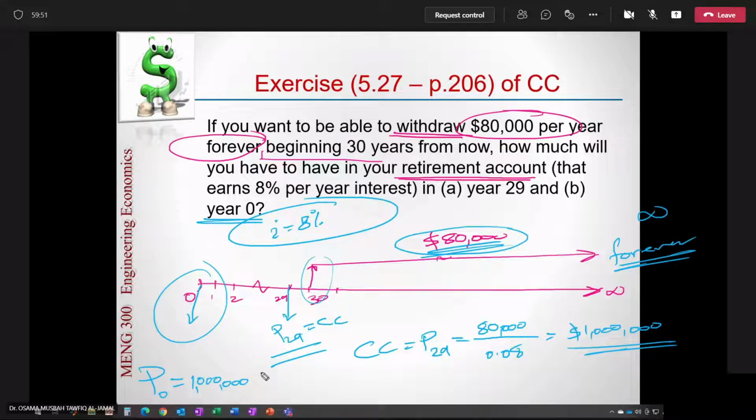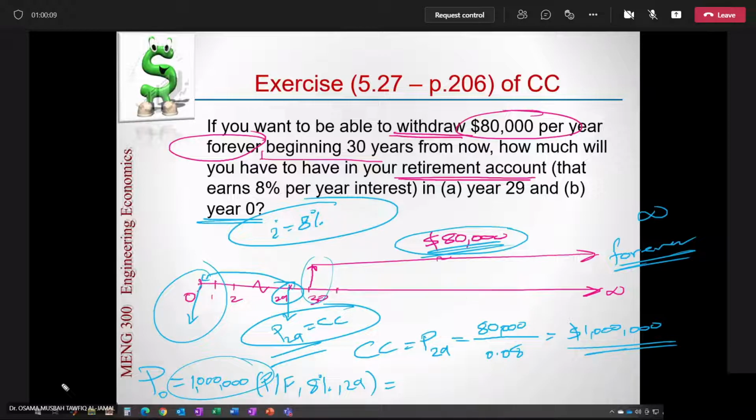You know this, of course. P giving F, this is a future value now. 8% for how long? From year 29 up to year 0, i.e., 29 years. To find that one, use your calculator now. Put F equal to 1 million, 8% interest, 29 years N. And don't forget, this amount you are going to pay, so it will be negative on you.